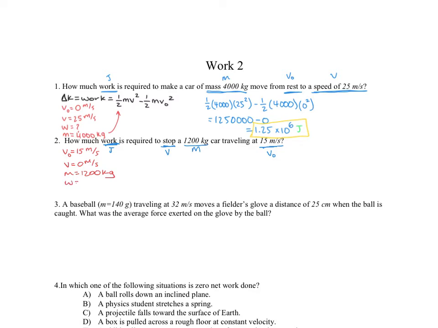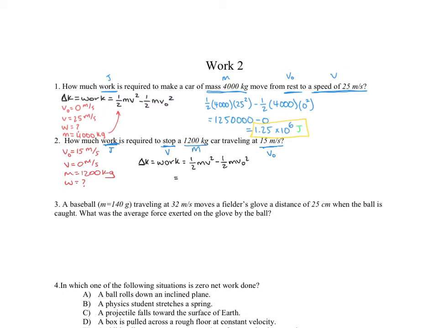And what is our work? Now, let's go ahead and just plug this in to our kinetic formula. And we're using the kinetic formula because we know that the car is in motion, so that will be kinetic energy. So change in K is equal to work is equal to 1/2 mv squared minus 1/2 mv naught squared.